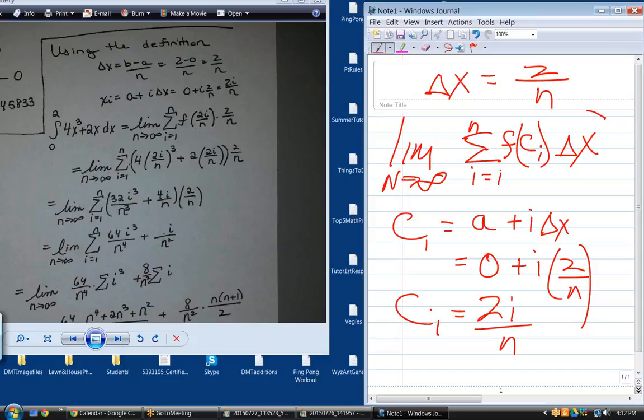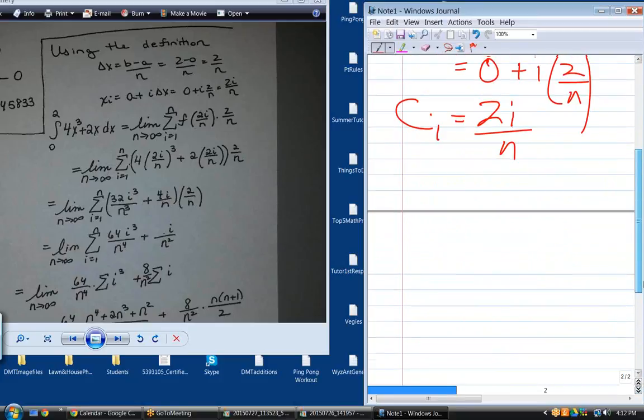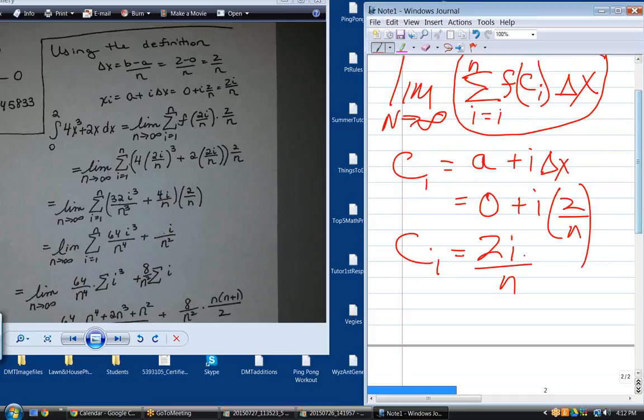Well, if we go back to this definition, we want f of c sub I, so it's really f of 2I over n. Right? In other words, all I'm doing is substituting that for that.